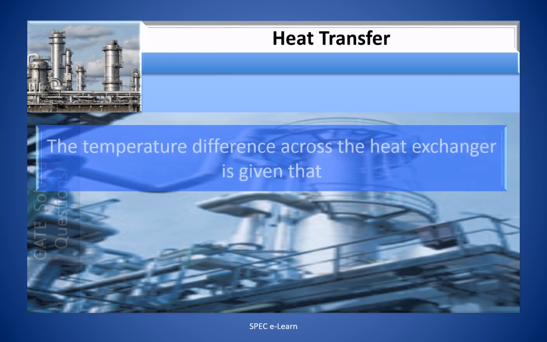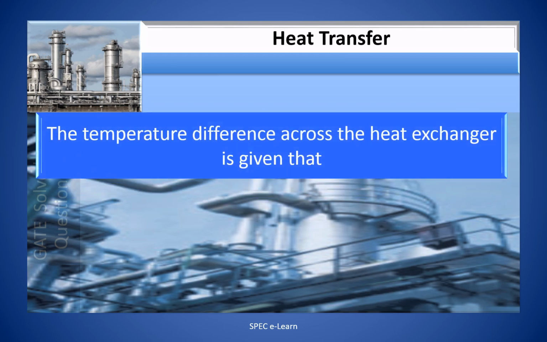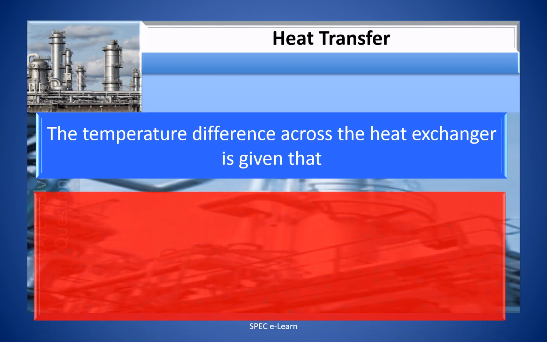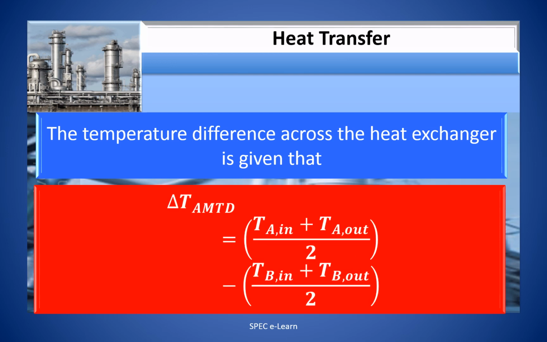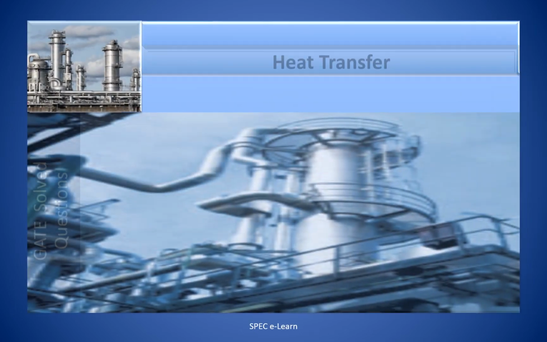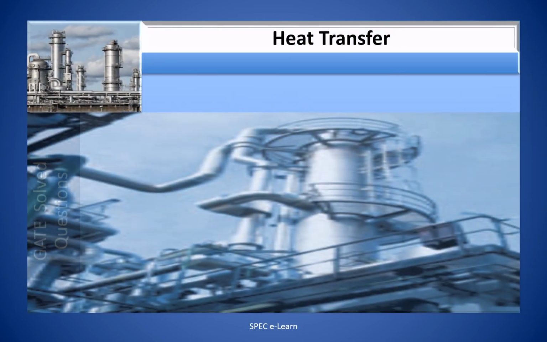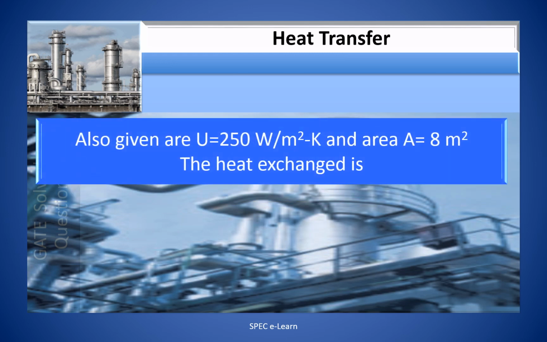The cold stream enters at 40 degrees centigrade and flows countercurrent to the hot stream. The temperature difference across the heat exchanger is given that delta T AMTD equal to (TA in plus TA out) by 2 minus (TB in plus TB out) divided by 2. Also given are overall heat transfer coefficient U equal to 250 watt per meter square degree Kelvin and the area A is equal to 8 square meter.